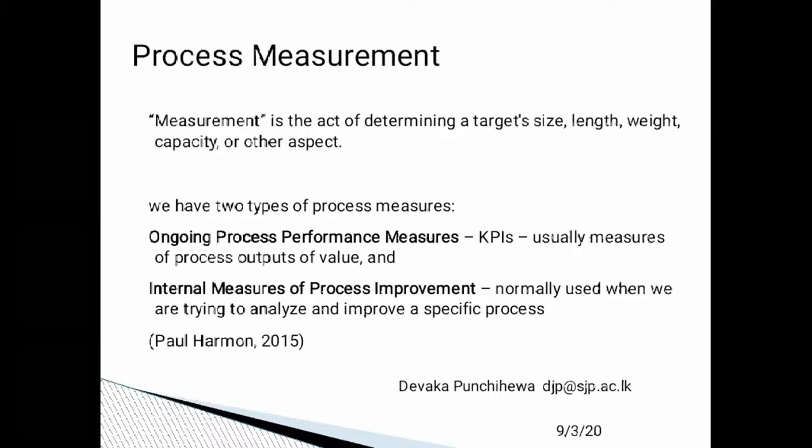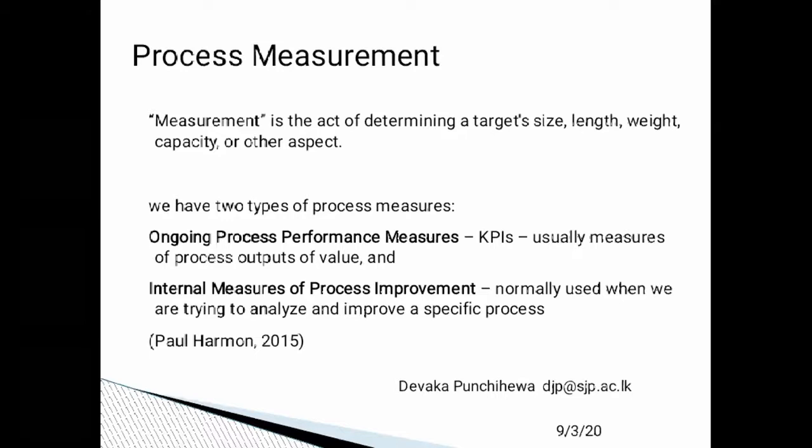But when it comes to the processes, we have two types of process measures. One is ongoing process performance measure. We say KPIs, key performance indicators, usually measures of process output of value, right? Maybe the production of the day, production of the year, profitability, volume of sales, etc. But when it comes to the KPI, remember one of the most important factors involved is that it should be measured.